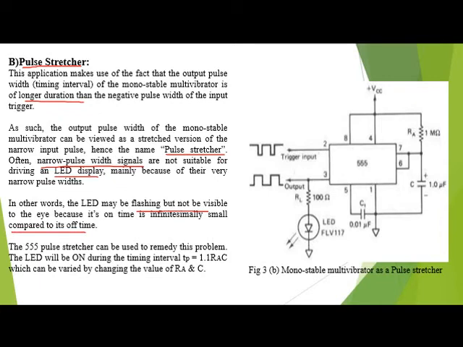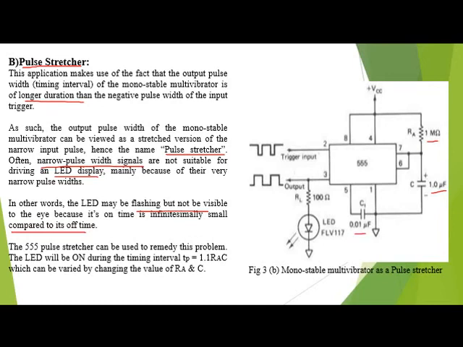And I have shown this in the figure of the monostable as a pulse stretcher. Here the output is directly connected to one LED through resistance RL, and RA is 1 mega ohm, and the capacitor is a 1 microfarad capacitor. Between pin number 5 and ground is a 0.01 microfarad capacitor.